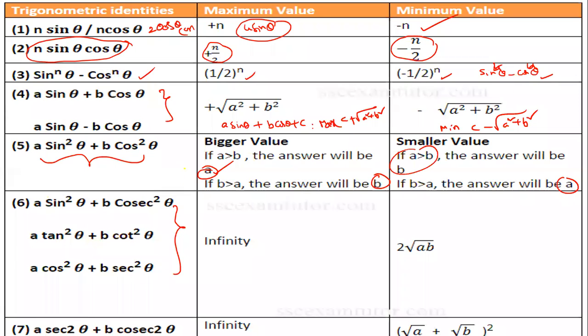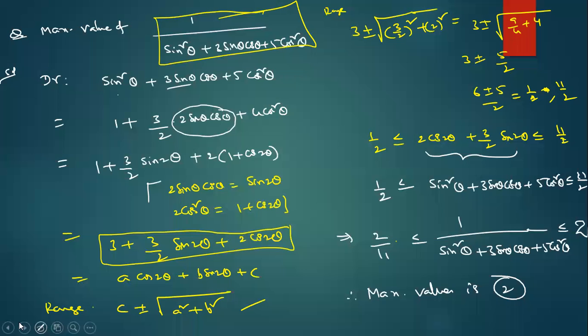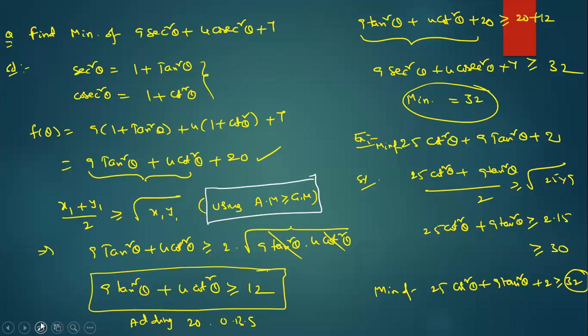These are the models. So please revise this one also, all of you. That's why I'm discussing different types of models, dear students. So why are you converting to tan cot?